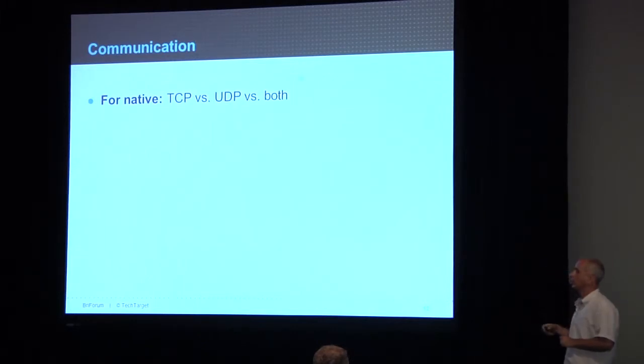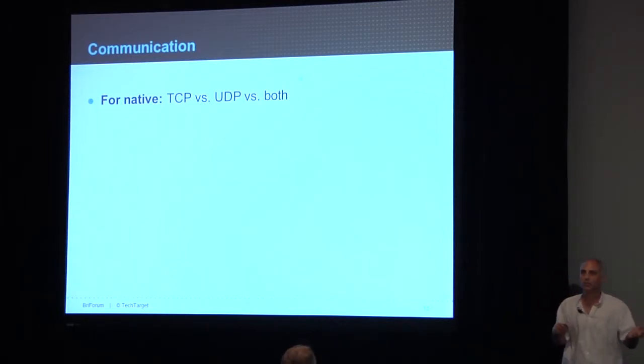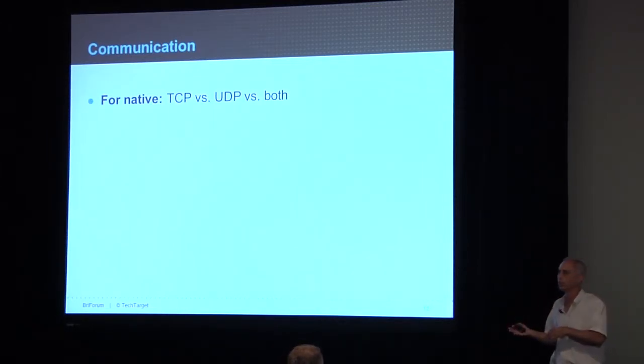In the native world, when we're talking about communication, we usually talk about TCP, UDP, or both. There's been this whole argument about which is better. ICA is TCP, PCoIP is UDP, and now RFX2 is both. In the context of browser-based access, this is not the comparison.